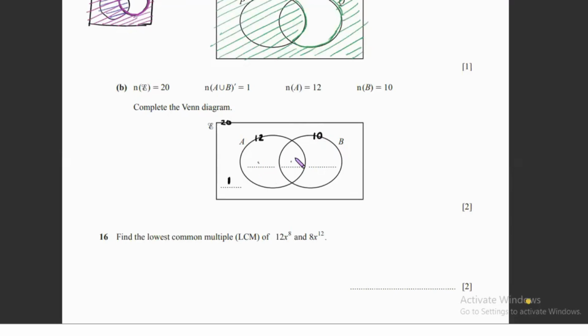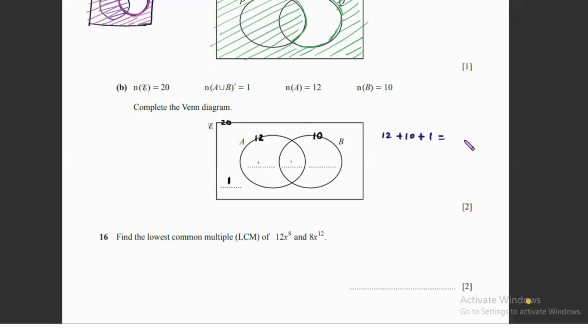Now I need to fill these spaces here. Now all three spaces are not known. To find these missing values, you have to add this 12, 10, and the one that is outside the circle, and the two numbers that represent these two circles have to be added.